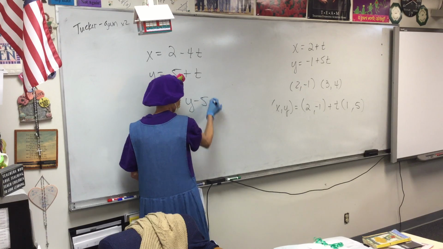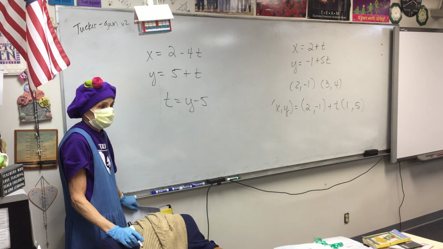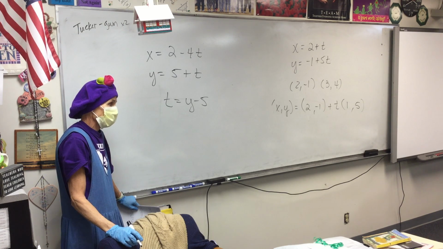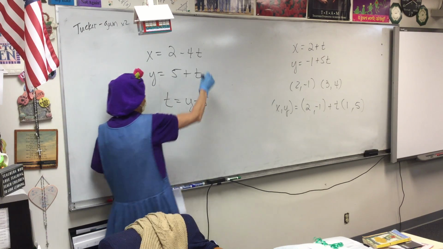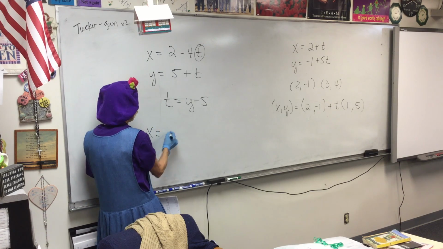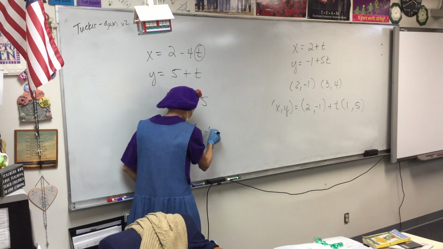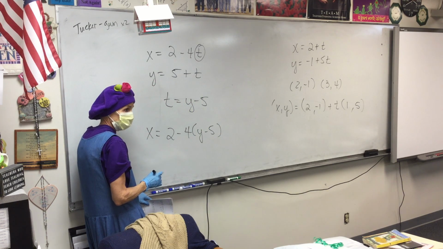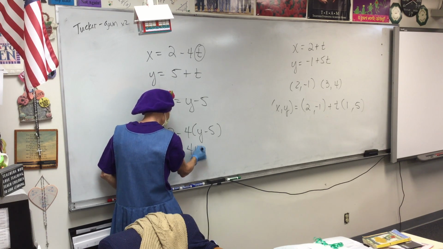Y minus 5. Now what do I do with the y minus 5? Plug it into the top equation. So x equals 2 minus 4 times y minus 5. And then I'll do my normal distributive property carefully.